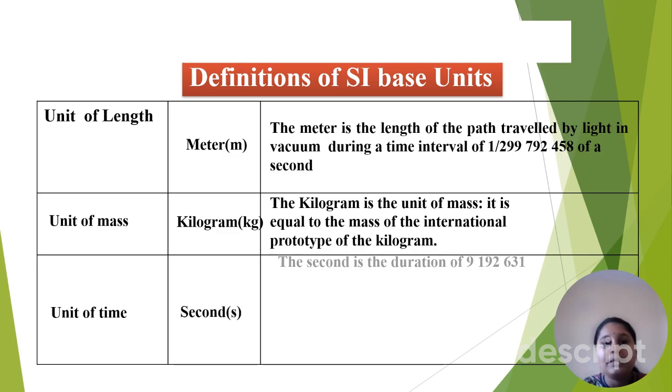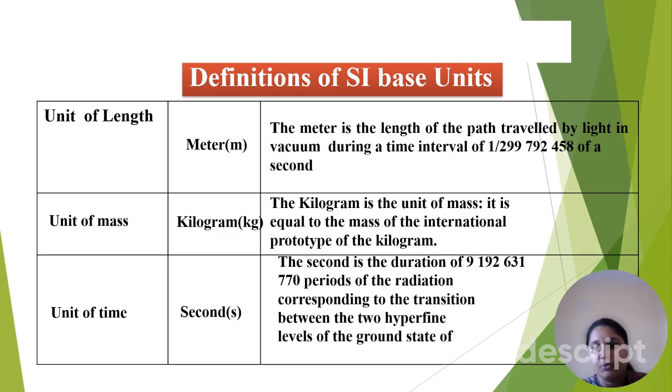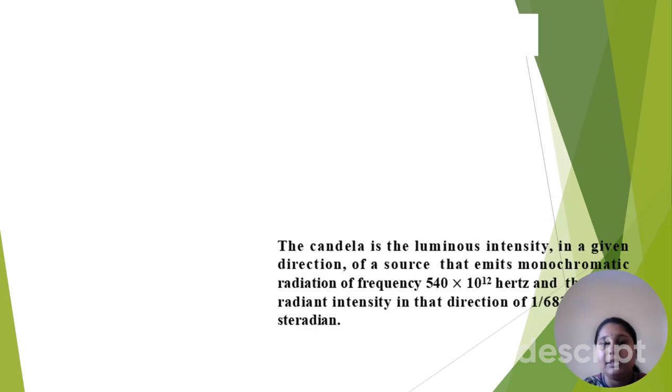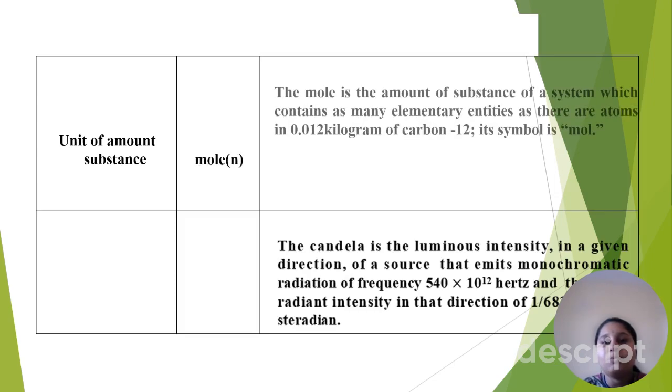Unit of time, second. The second is the duration of 9,19,26,31,770 periods of the radiation corresponding to the transition between the two hyperfine levels of the ground state of the cesium-133 atom. So unit of amount of substance is mole.